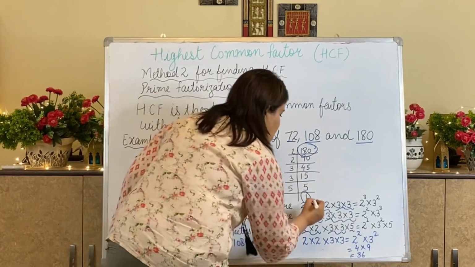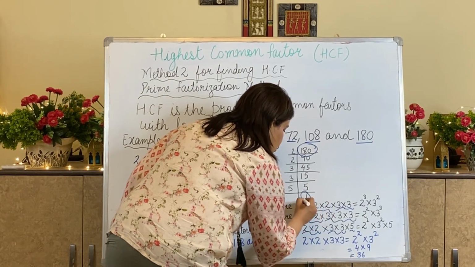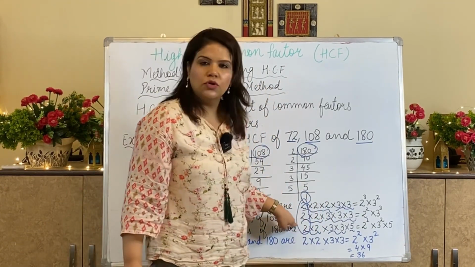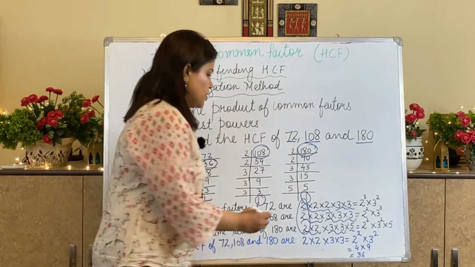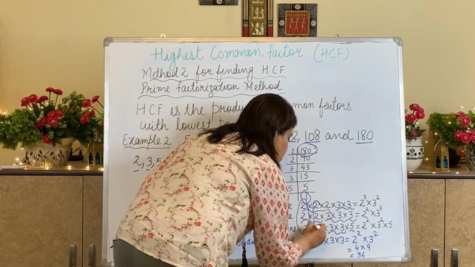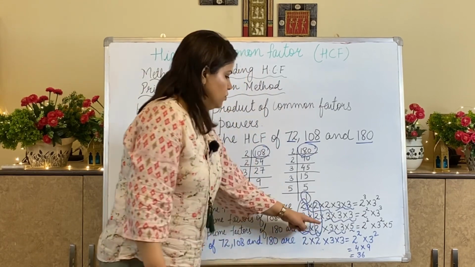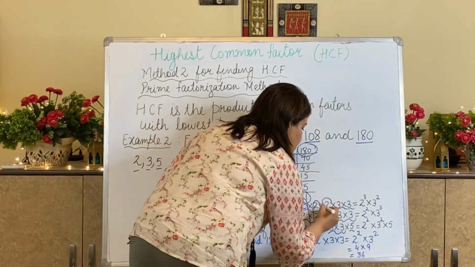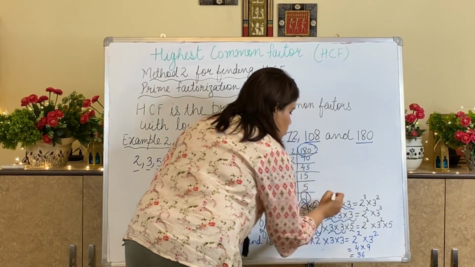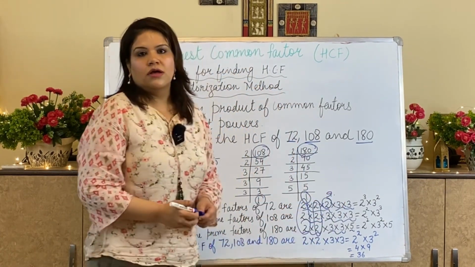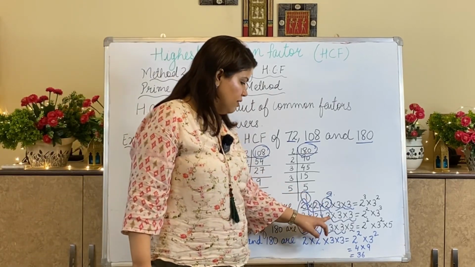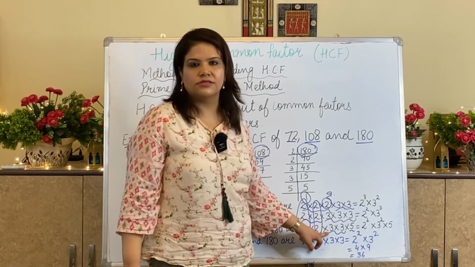Because you can see that for these 2 I am getting them paired with other 2s in the other 2 numbers. But for the third 2, I don't have a pair in the factors of this number and this number.